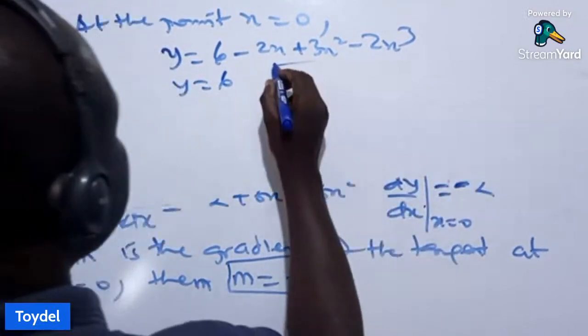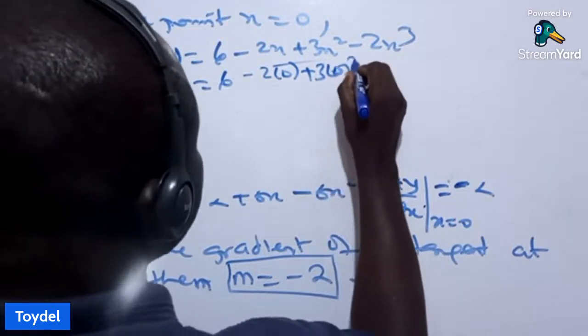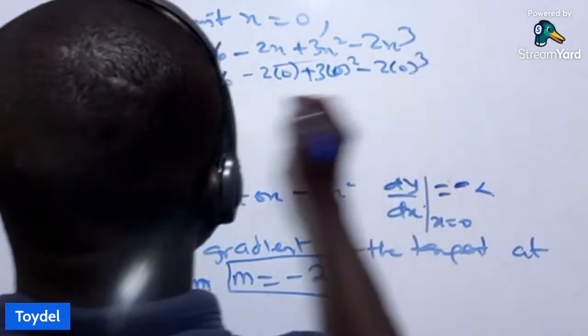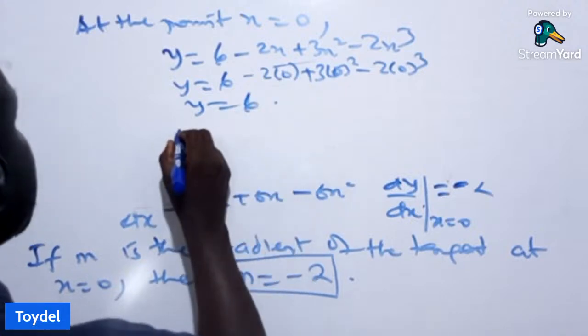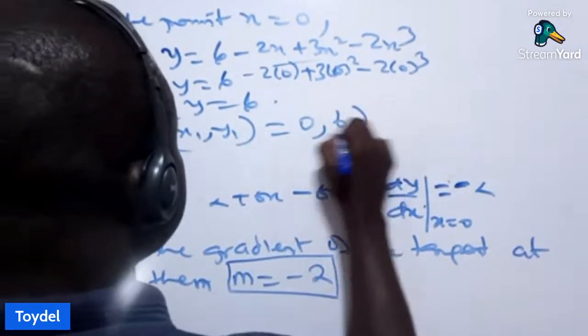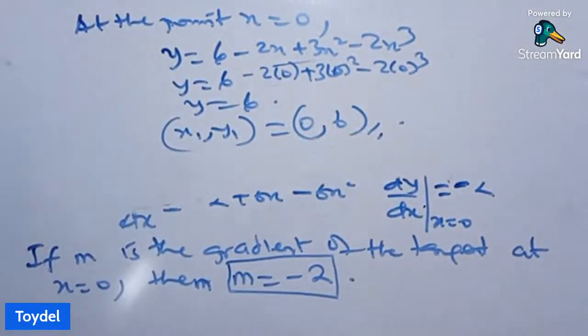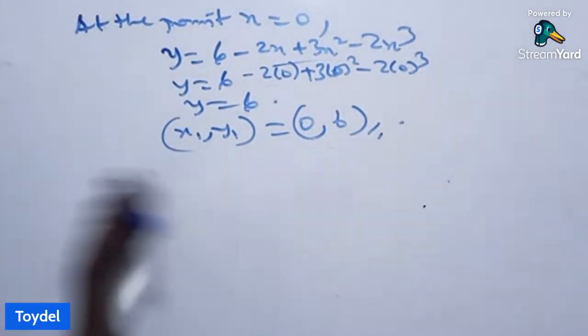Every other thing will be 0, because when you substitute, it will be 0. So y will be equal to 6. So the coordinates x1, y1 in this case is going to give us (0, 6). That will be the coordinate.